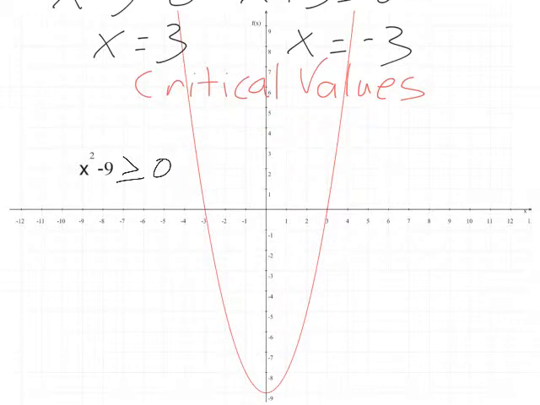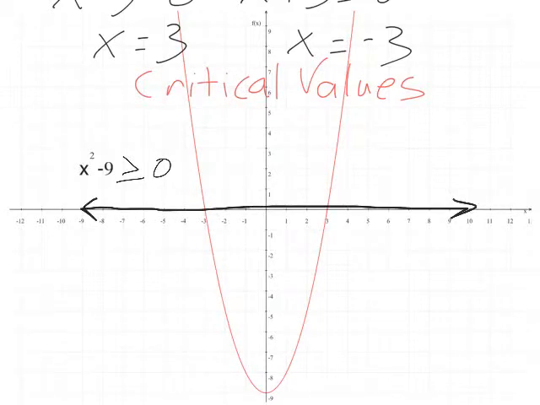Let me go ahead and draw in a number line for us on top of the x-axis. Okay, so you can see a little bit better exactly what's going on in 2 dimensions too. The two values that we will mark are negative 3 and positive 3. Notice that those two are the x-intercepts, as we've already talked about, of the actual graph of the polynomial. Okay, those are also our critical values.